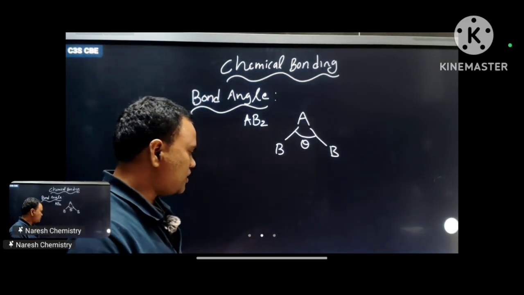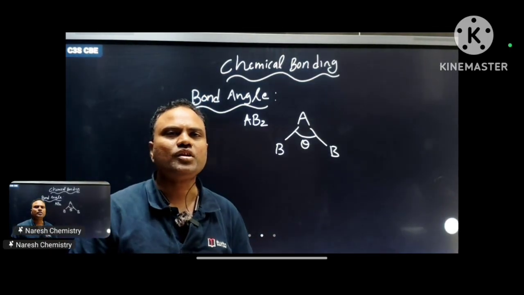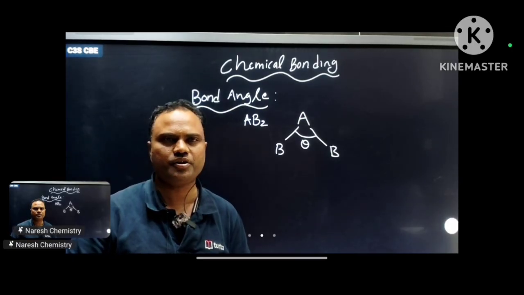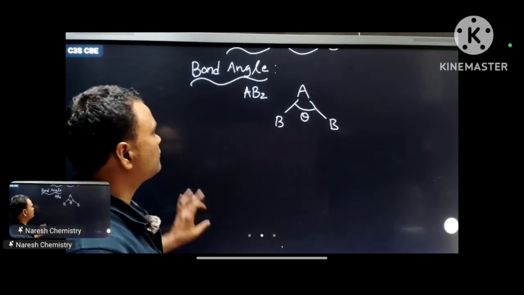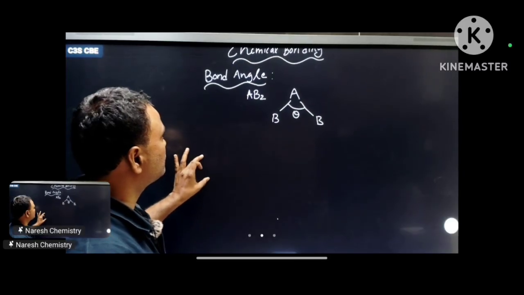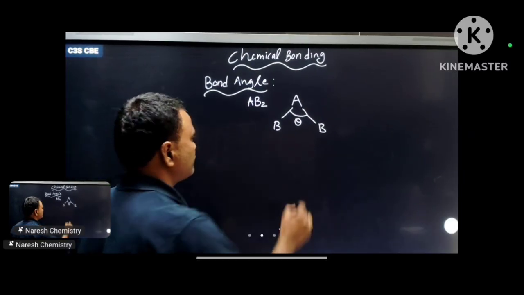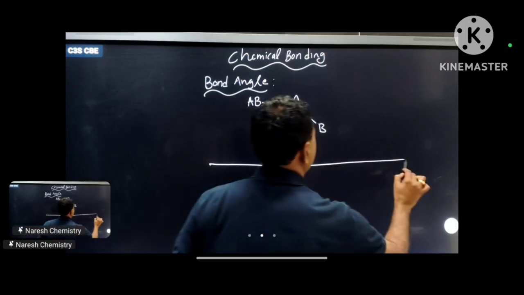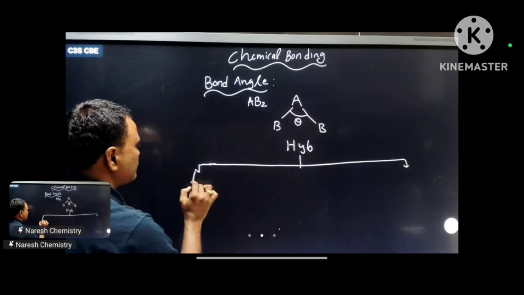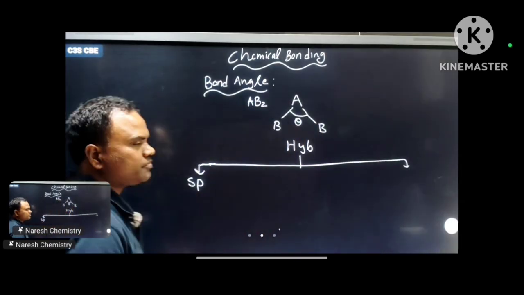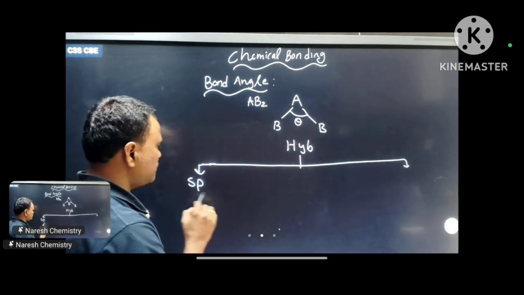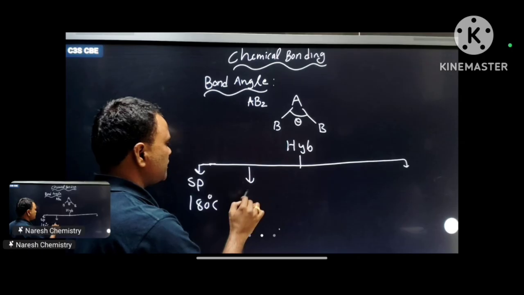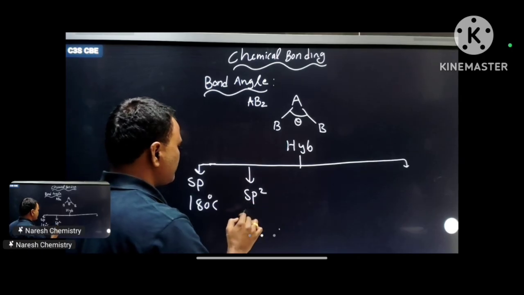In the last class, I gave different bond angles for different hybridizations. Let us revise once. If sp hybridization is present, then the bond angle is 180 degrees. If sp2 hybridization is present, 120.